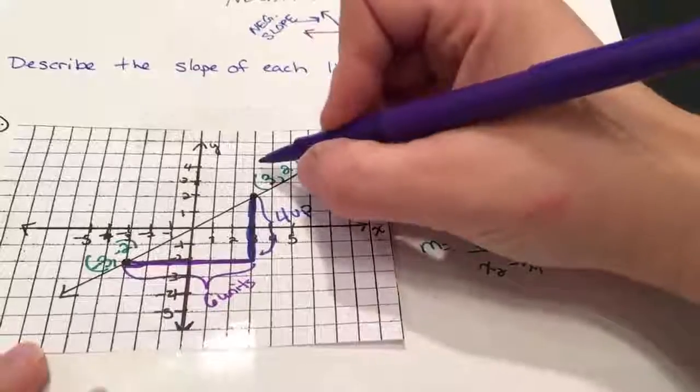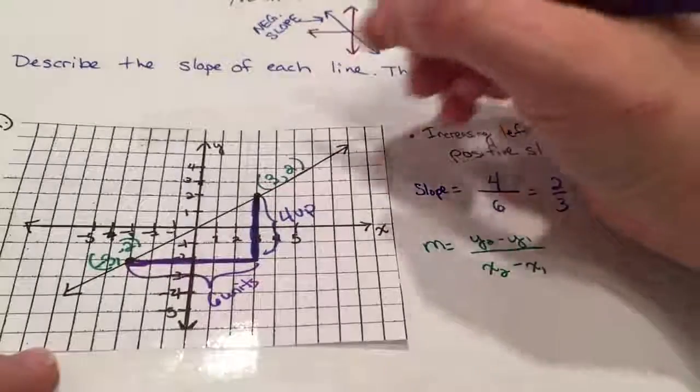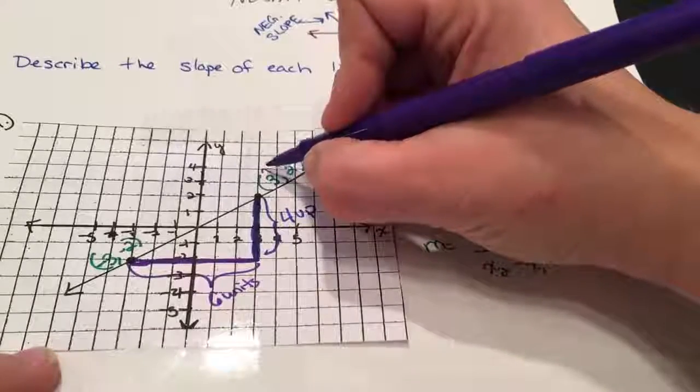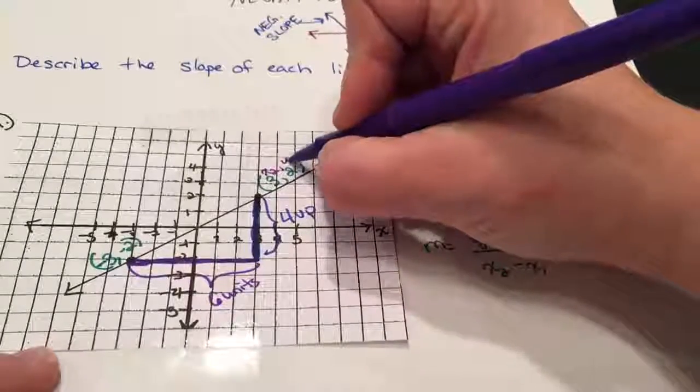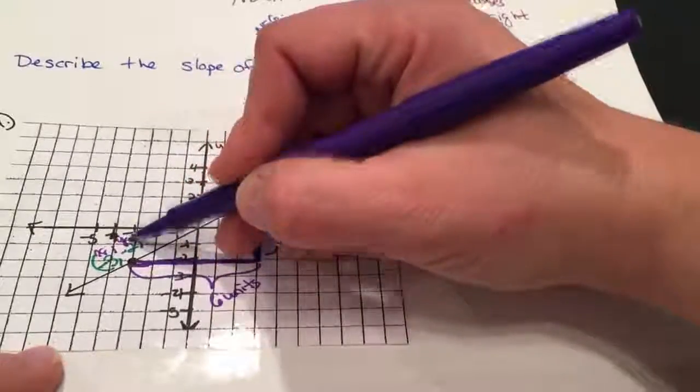And let's call this x2 comma y2, and this is x1 comma y1.